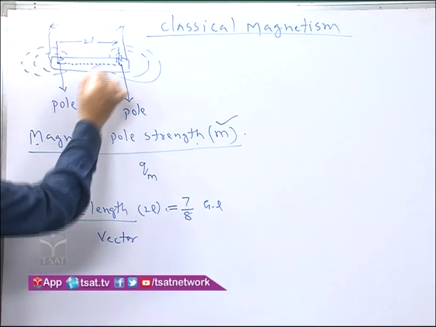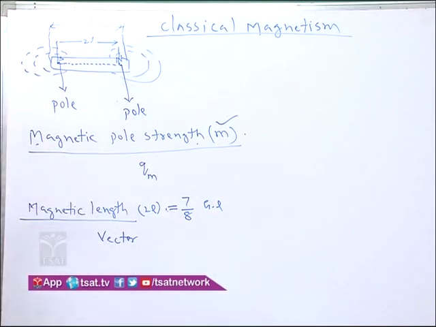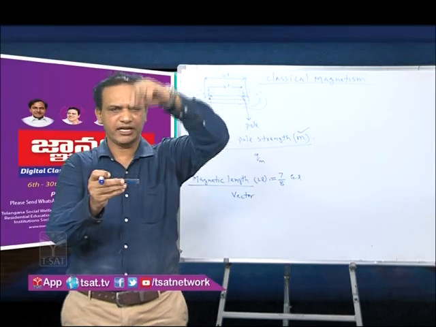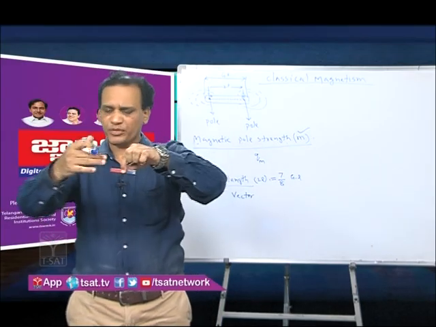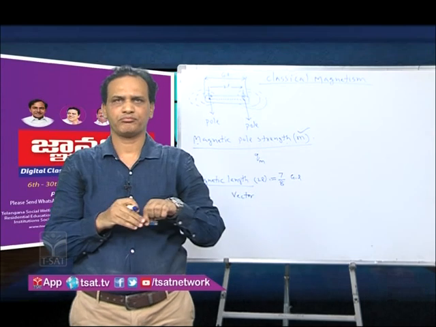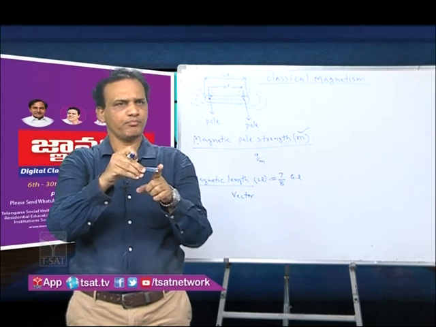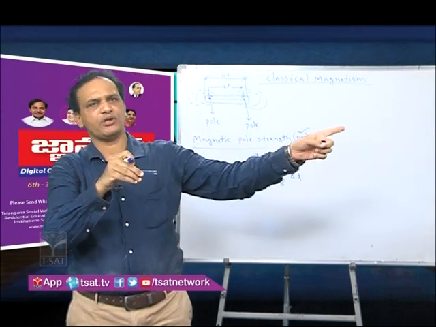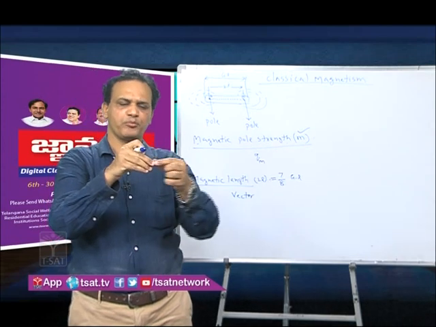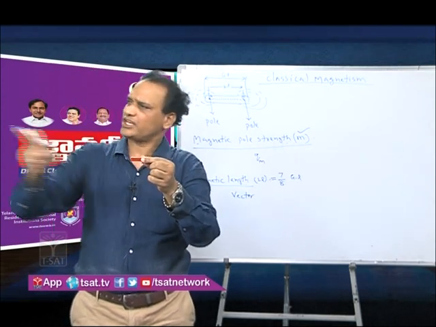Then what about the direction of this magnetic length? See, when a bar magnet is freely suspended, it points in one particular direction. One pole points toward geographic north, and the other toward geographic south.